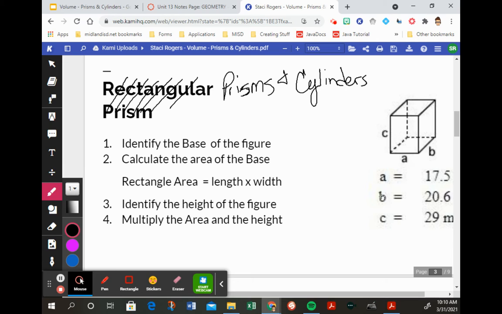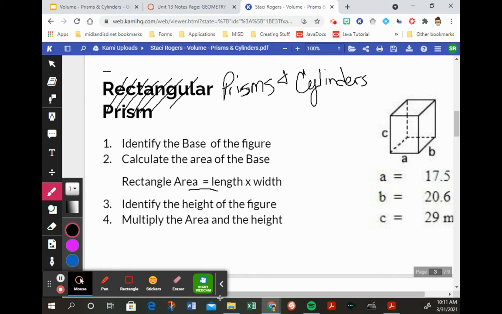Calculate the area of the base. Rectangular area is length times width. On a triangle, we'll talk about that in a minute. And on a circle, we know the area is pi r squared. Identify the height of the figure, and then multiply the area that you found times the height. Okay?